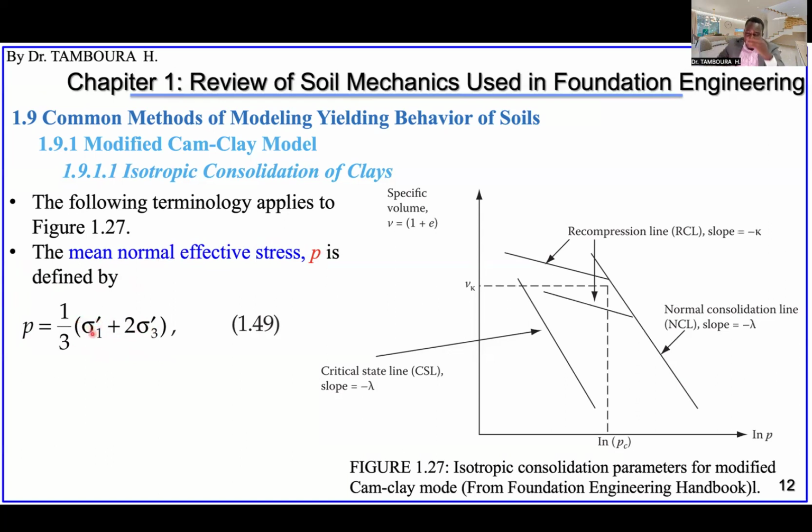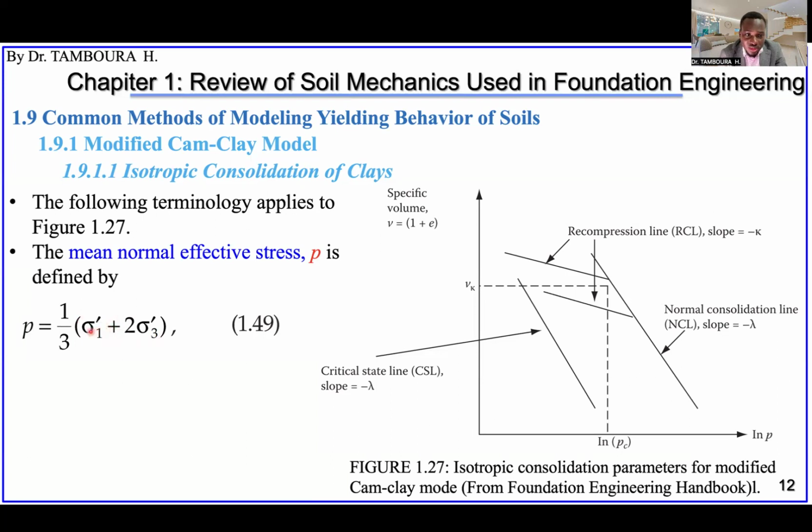Sigma 1, I'm not sure if some people don't know what sigma 1 and sigma 3 are. When you do a triaxial test, sigma 1 and sigma 3, the three stresses in the 3 directions, these are the main principal stresses.